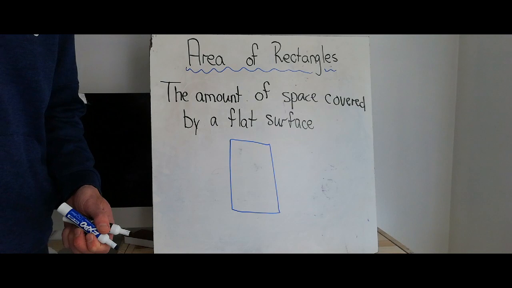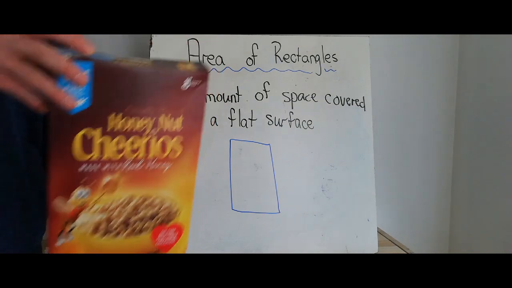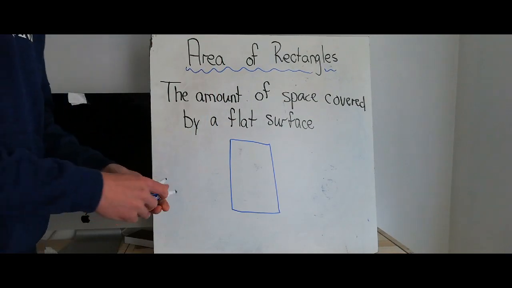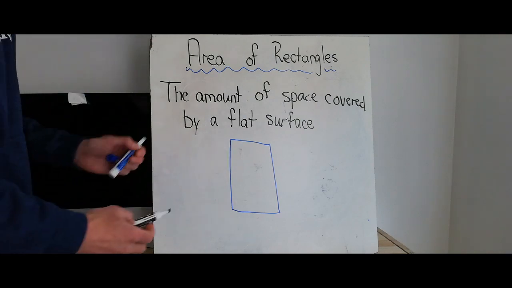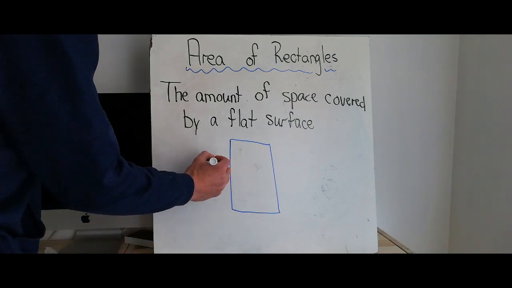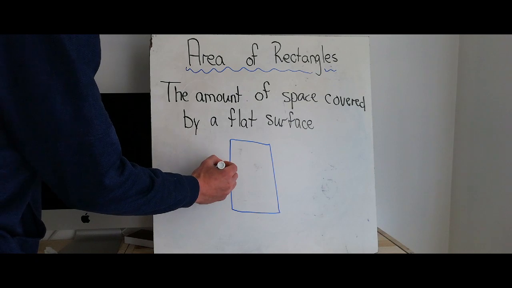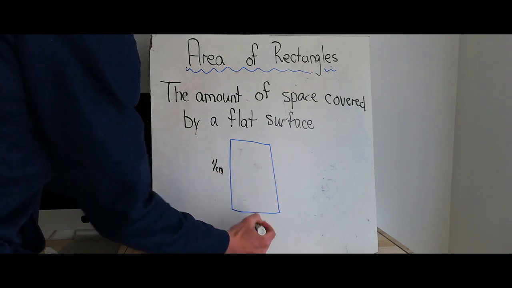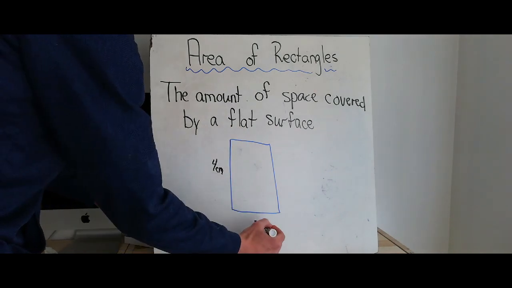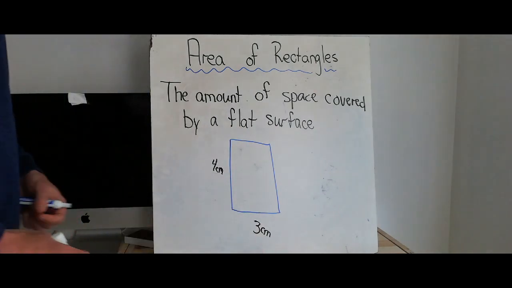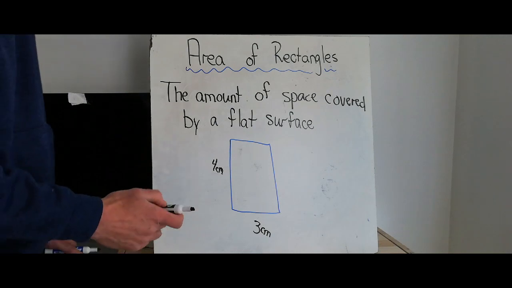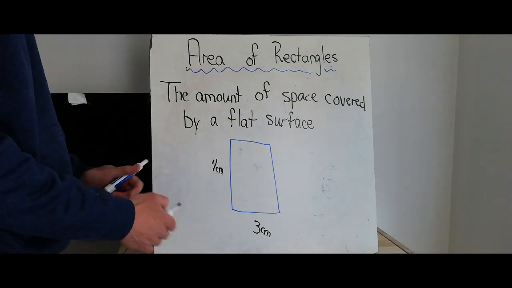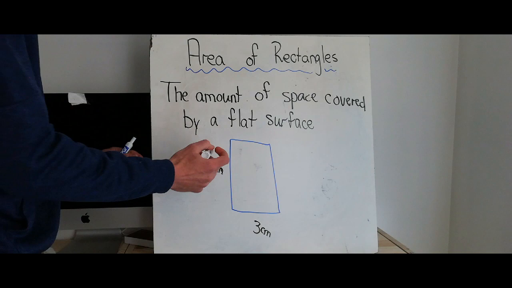So if we look at something like a cereal box, which is a rectangle, if we say that this rectangle here would be the cereal box, and I'm just going to give some measurements, which would not be accurate measurements, but we'll just say that the side is 4 centimeters and this is 3 centimeters. So the way area works, and if this is a little bit confusing, it'll make more sense in a bit.